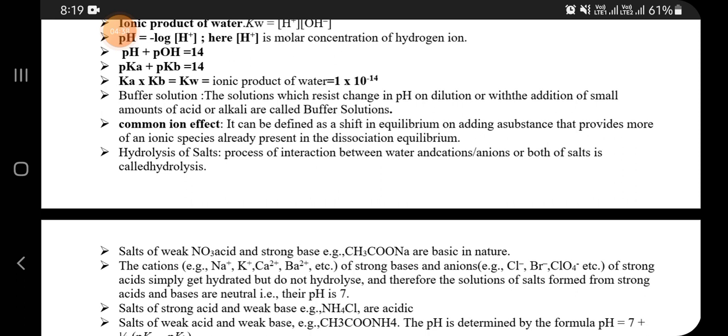Ka into Kb equals Kw, which is also the ionic product of water, and the value of the ionic product of water is 1 into 10 raised to the power minus 14.